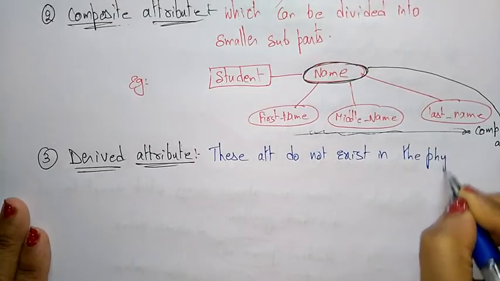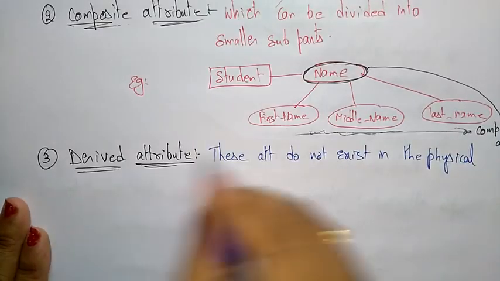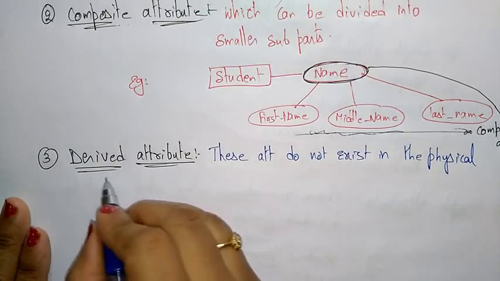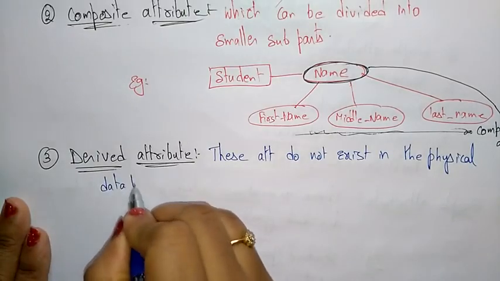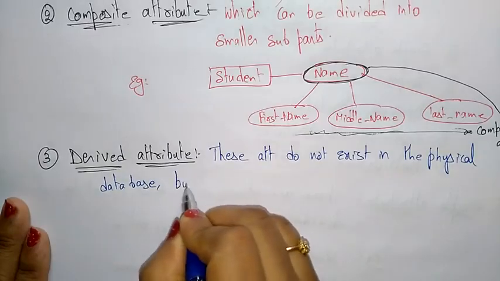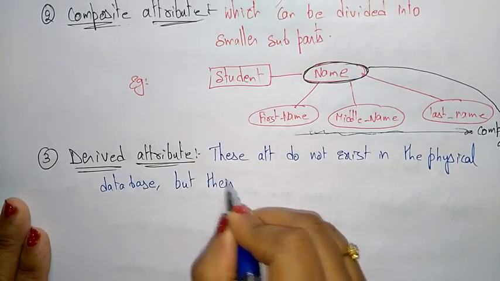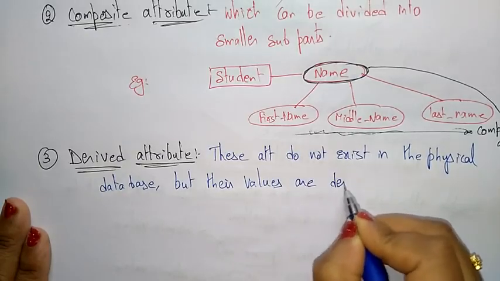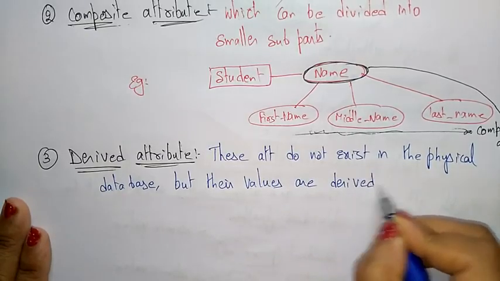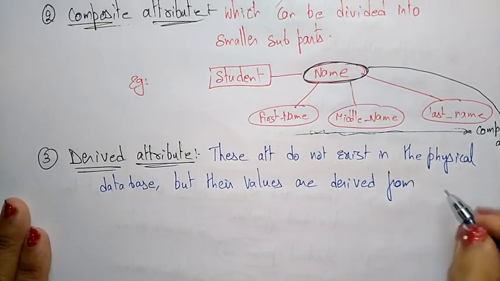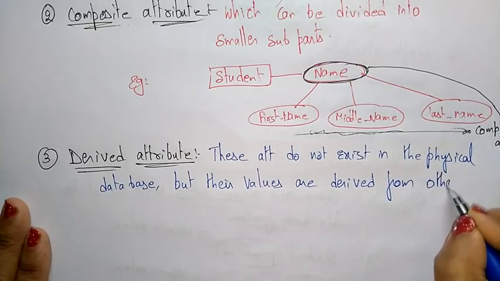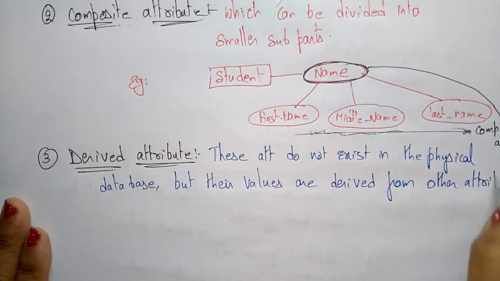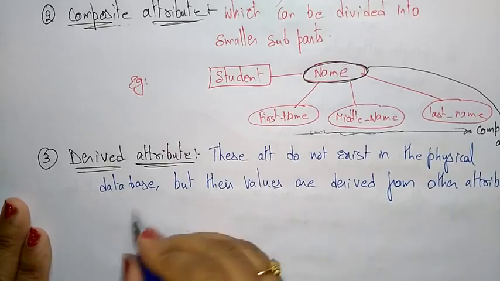One thing you have to remember: a derived attribute does not exist in the physical database, but its values are derived from other attributes present in the database.